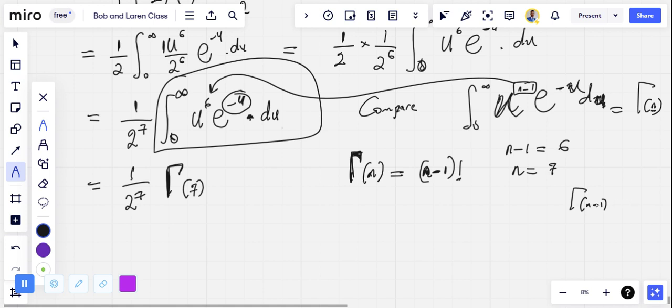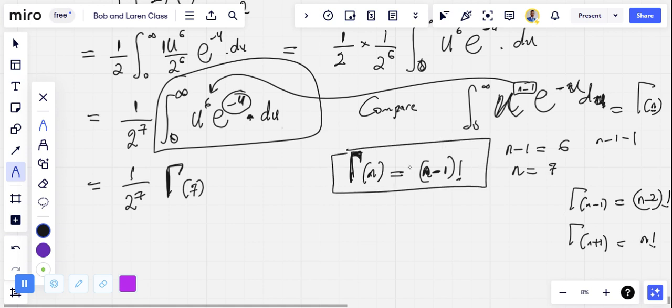That will be equivalent to n minus 2 factorial, because you need to reduce it by 1. That's the concept over there. That's n minus 2 factorial, that is n minus 1 deduct 1 as well. What if you want to look for gamma of n plus 1? That will be equivalent to deducting 1, that's n factorial. But we are only interested in this. There's a proof for this one as well. You can check the material there.